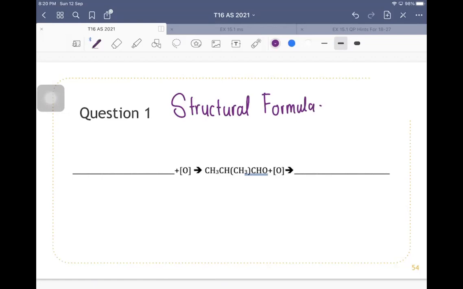You notice that there's a big space at the bottom of your page. Utilize the space to draw your displayed formula. If you can work it out, that's fine, but I want you to make it a habit, since this is your notes, to draw the displayed formula and work out the oxidation products, if there is any.